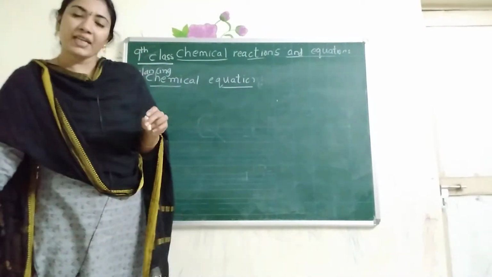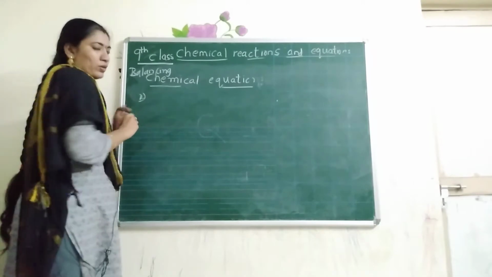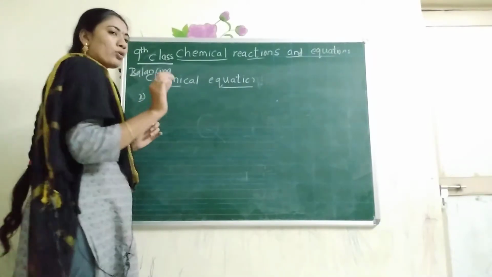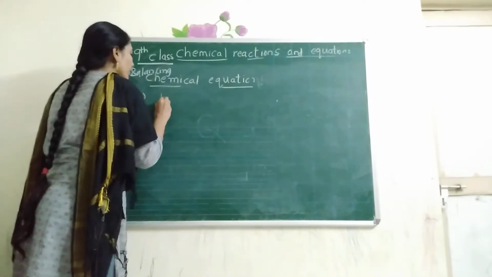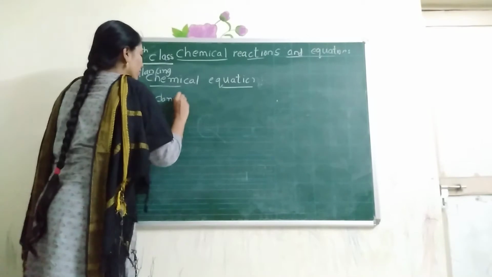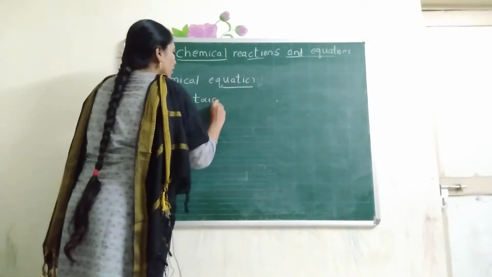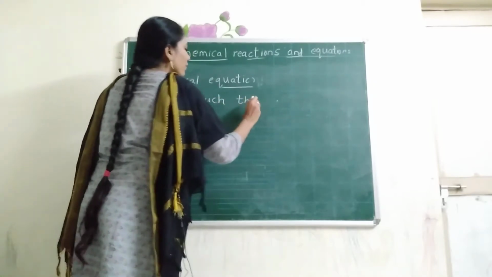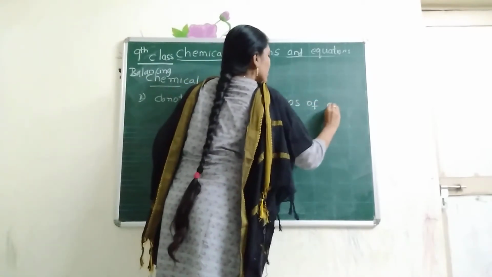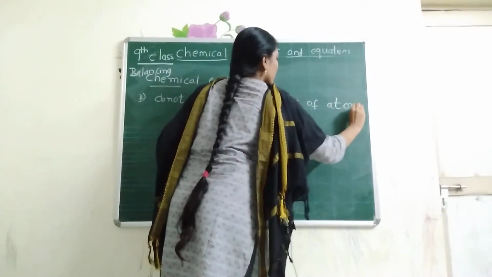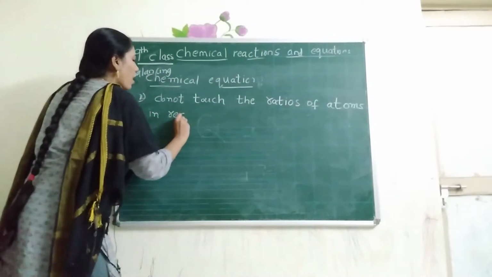The second step. In the second step, I have to tell 2 points. What are those points? First, if you want to balance a chemical equation, do not touch the ratios of atoms in reactants or products.